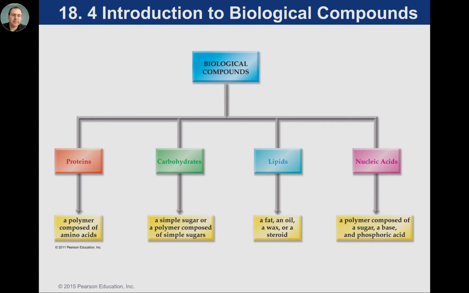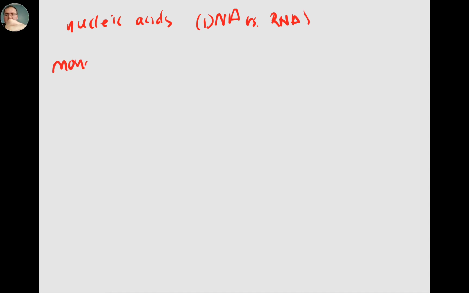Our last major category is the nucleic acids. Nucleic acids is what makes up all living things, gives it their genetic code in order to build more of those living things. So as we look at nucleic acids, remember things like DNA versus RNA. When it comes to monomers, it's pretty complicated.